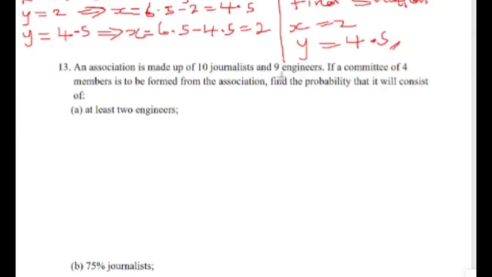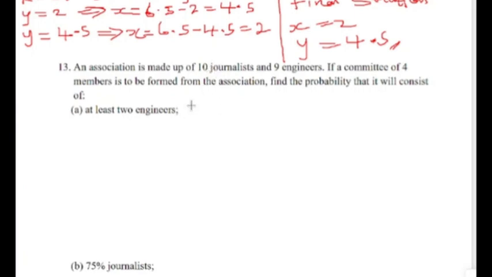Now, we have 9 engineers. If it will contain at least 2 engineers, it means that we have 2 engineers. We could also have 3 engineers, and we can also have all 4 members of that committee engineers. So in terms of combination, if we select 2 engineers, it means that we must select 2 journalists.